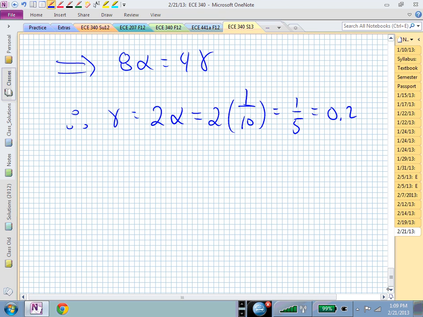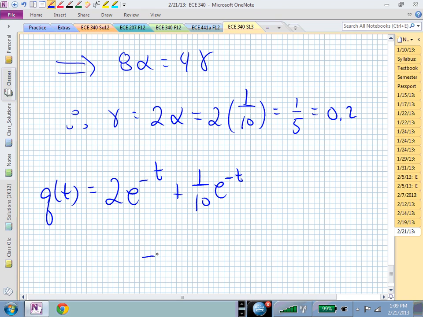And now I know what little q of t is. Q of t was the very first piece, which was this 2e to the minus t. Then I had an alpha e to the minus t, and alpha was 1/10.